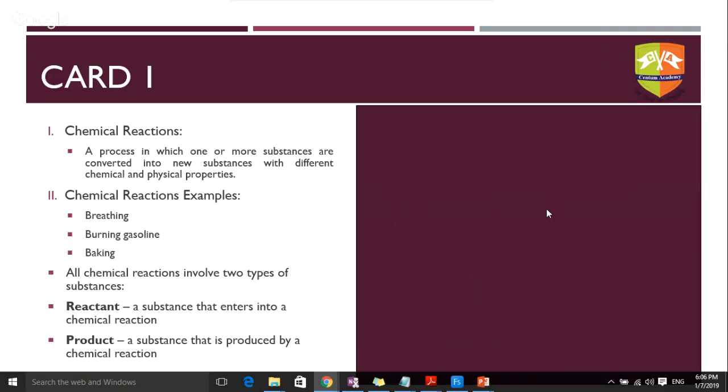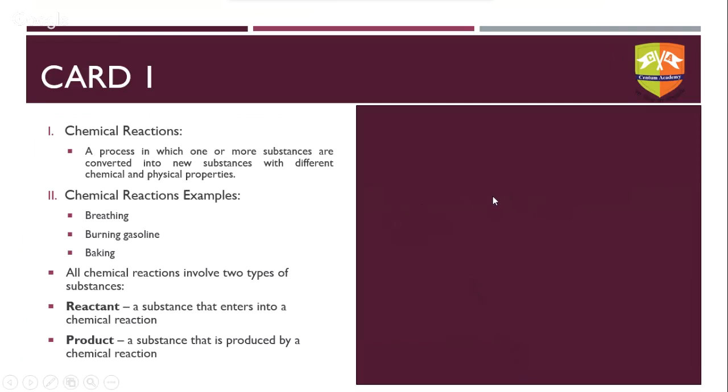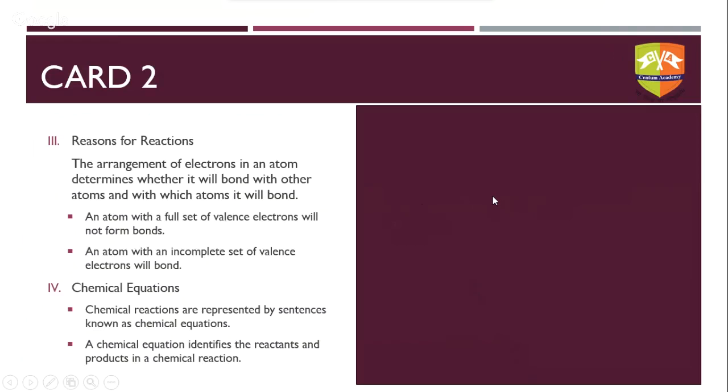Now that we understand what chemical reactions are, let's look at the reasons for these chemical reactions. Some of the reasons are basically the arrangement of electrons in an atom.